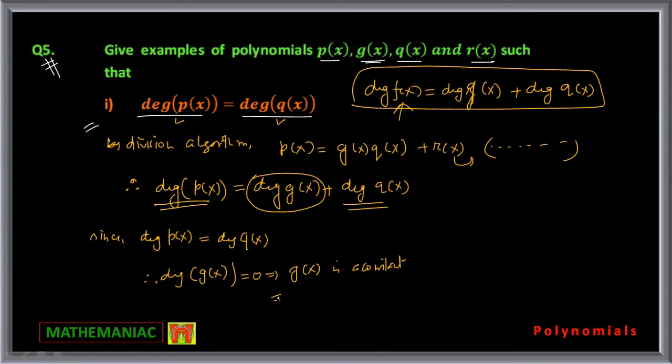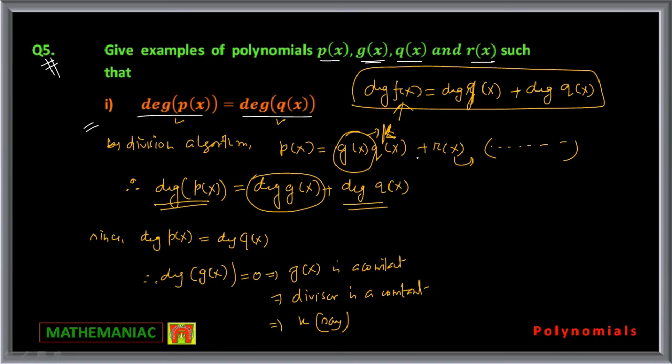Divisor, right? g(x) is the divisor. That is, the divisor is a constant. Obviously, it will be non-zero. So we'll write this as k. Say this divisor be k. Fine. That means we can write some k in place of g(x). For considering examples, you can assign any value of k: 2, 3, 4, 2 by 3, root 3, anything.